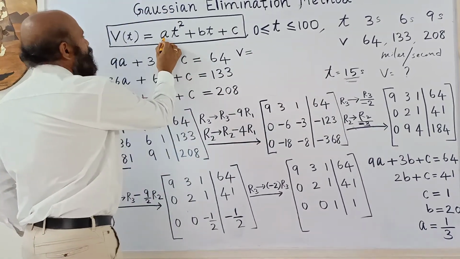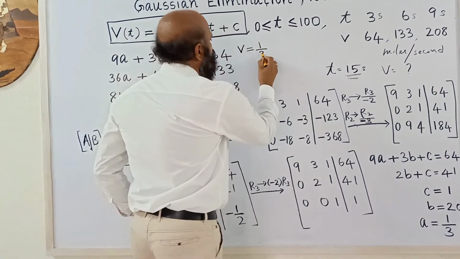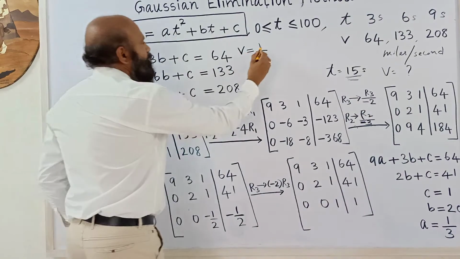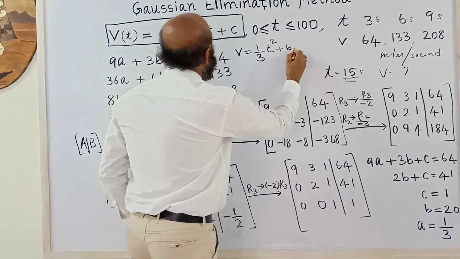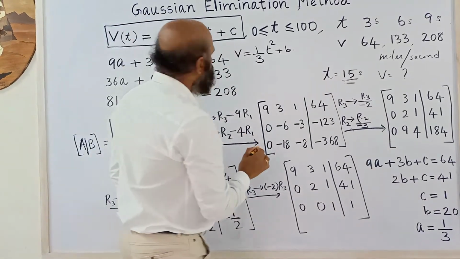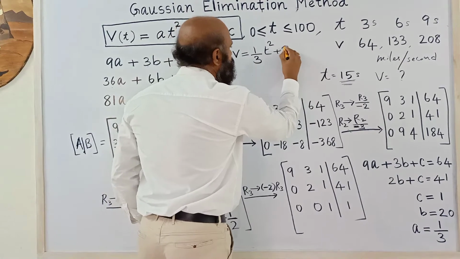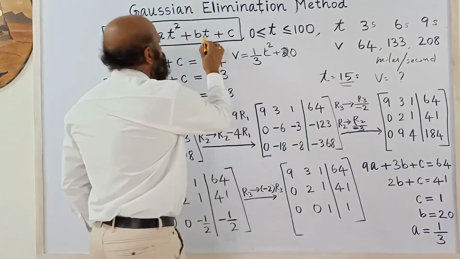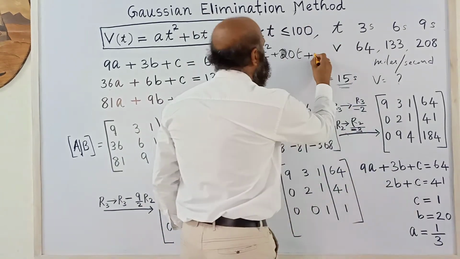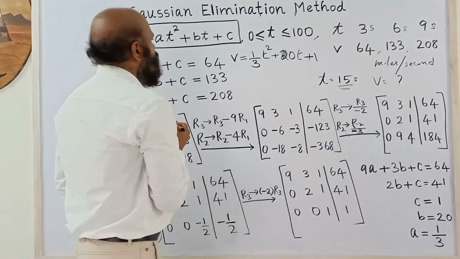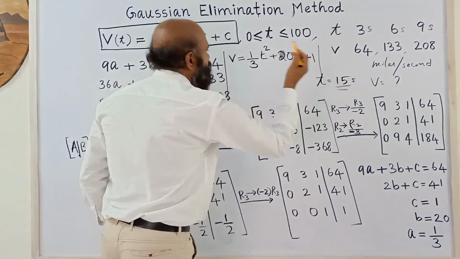Velocity is equal to, for a we can put 1 by 3, then t square plus, for b we can put 20, then t plus, for c we can put 1. So we are getting the expression for the velocity.